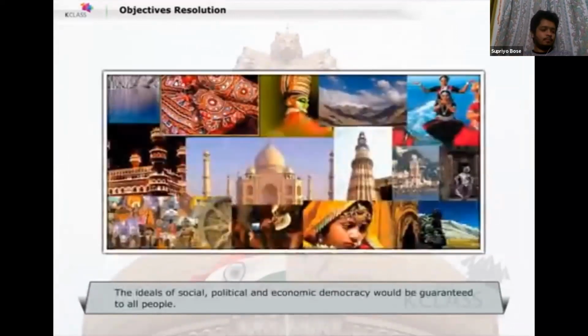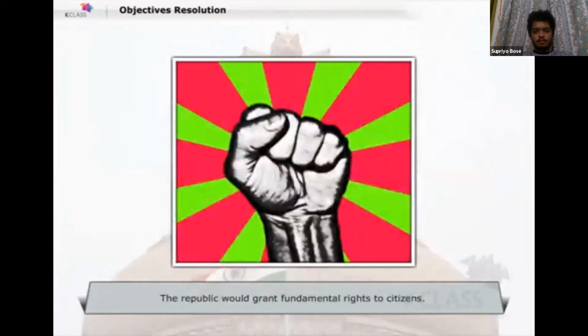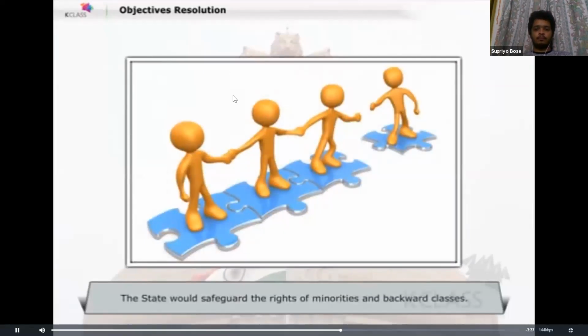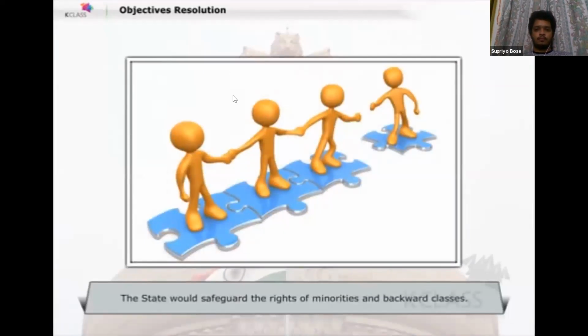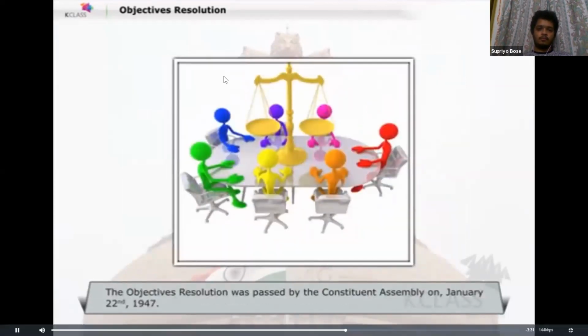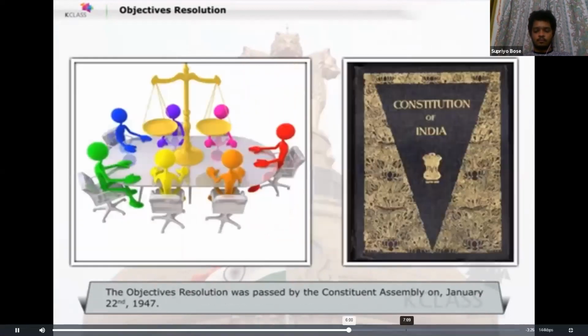The ideals of social, political, and economic democracy would be guaranteed to all people. The republic would grant fundamental rights to citizens. The state would safeguard the rights of minorities and backward classes. The Objectives Resolution was passed by the Constituent Assembly on January 22, 1947.